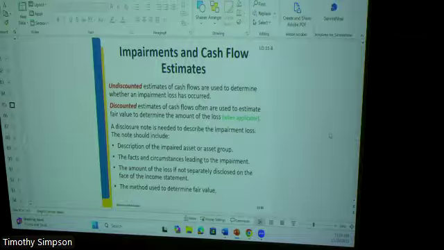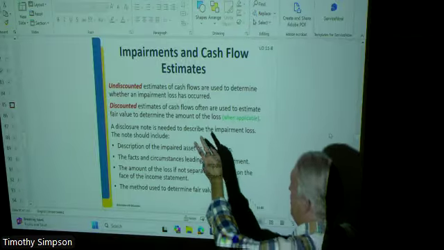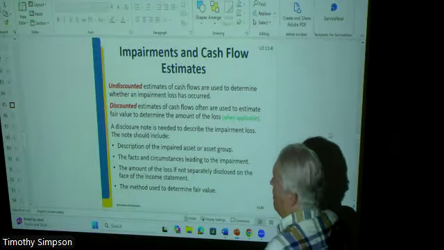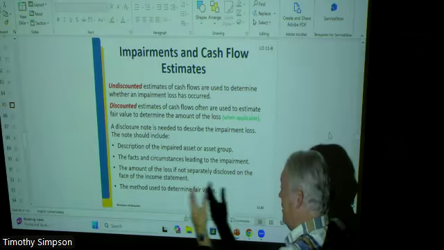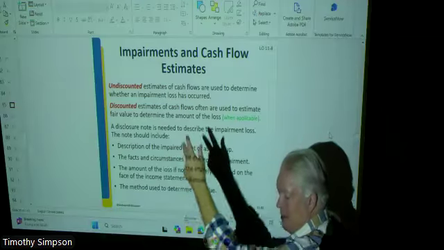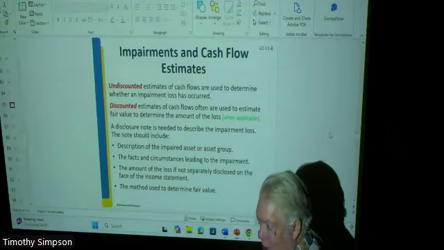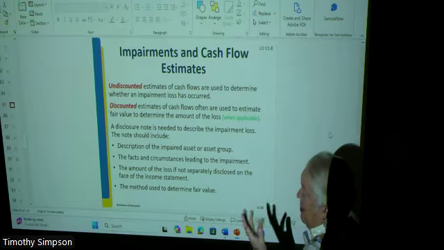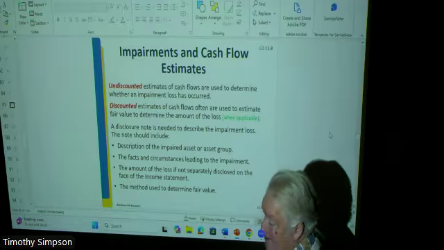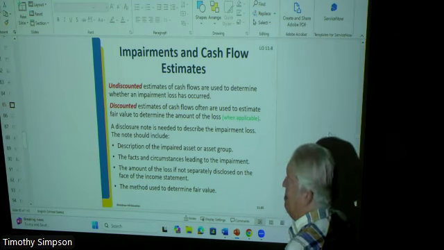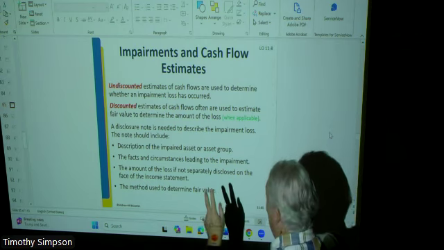When we're talking about the determination of an impairment loss, step 1, we're using undiscounted cash flows. In other words, we're saying $1 million a year from now, $1 million 2 years from now, 3 years from now. We're not discounting the out years for the time value of money. We're simply taking the undiscounted amount. Whether you like that or not is subject to your own opinion, because the international standards don't really like that very much.